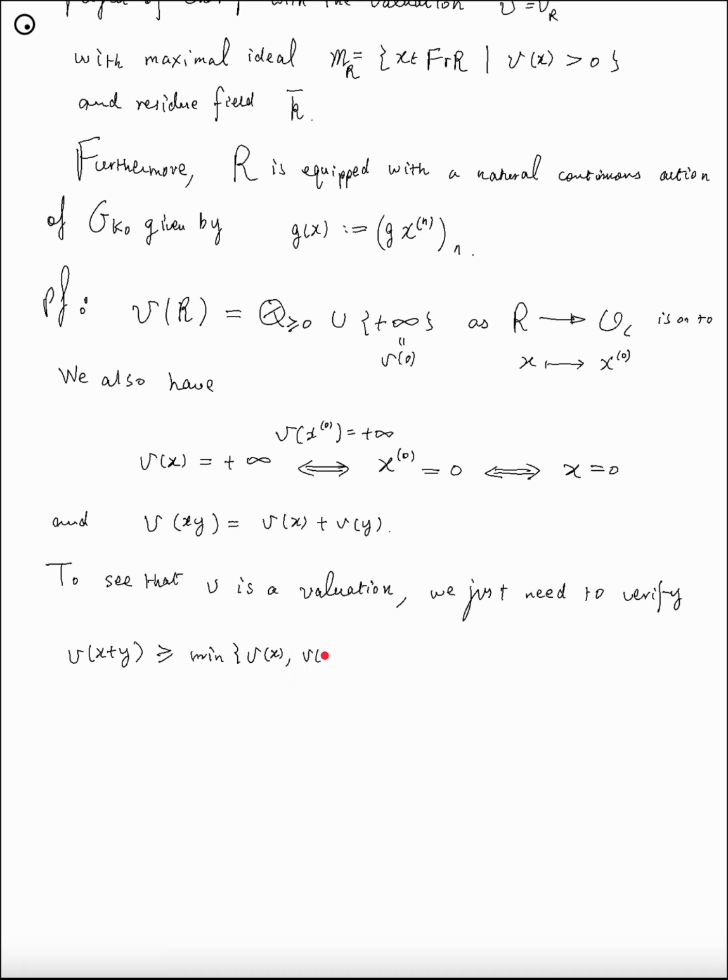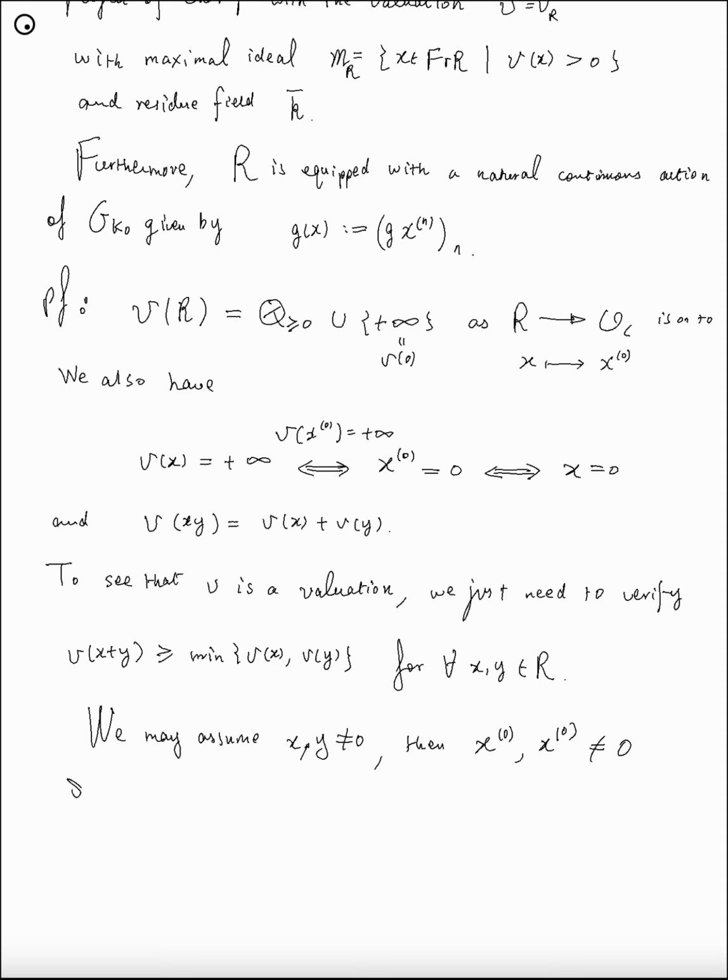Sometimes we call it the ultrametric property of the valuation, for any X and Y in R. So we may assume they're not 0, otherwise this is trivially true. Then in particular, this cannot be 0 either.